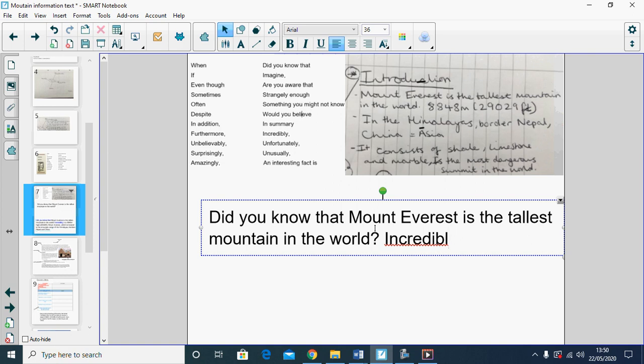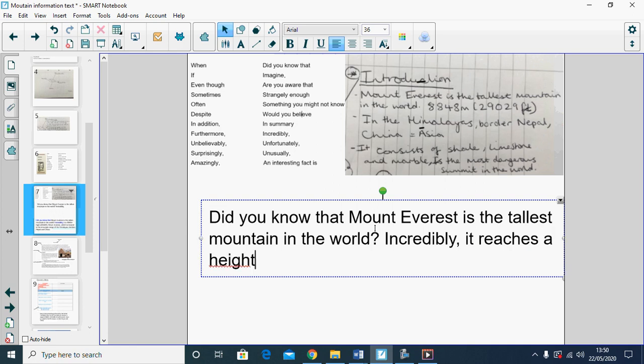Incredibly, it is, I could put it spans, maybe put it reaches, that sounds a bit better, a height of, and I'm going to put my fact in, and then in brackets I'm going to say how many feet it is. I'm going to add some parentheses there, some extra information. Incredibly, it reaches a height of, good, that all makes sense.